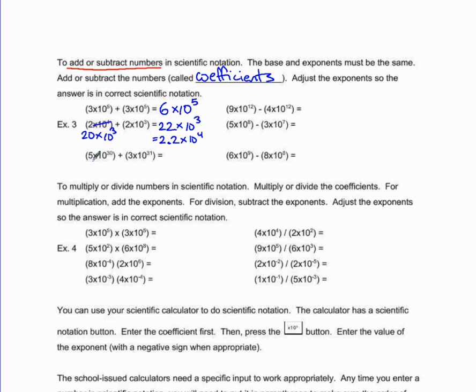So if I move the decimal 1 to the left, I can make this 0.5 times 10 to the 31st. Plus 3 times 10 to the 31st. And what I come up with, I add the two coefficients, 3.5, base is 10, and the exponent stays the same at 31.